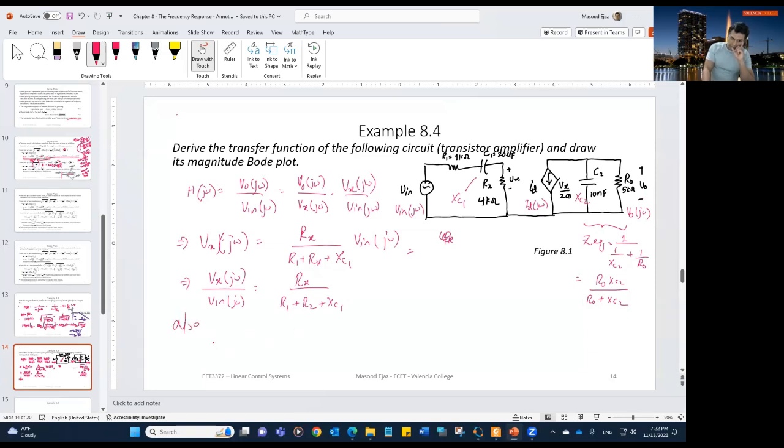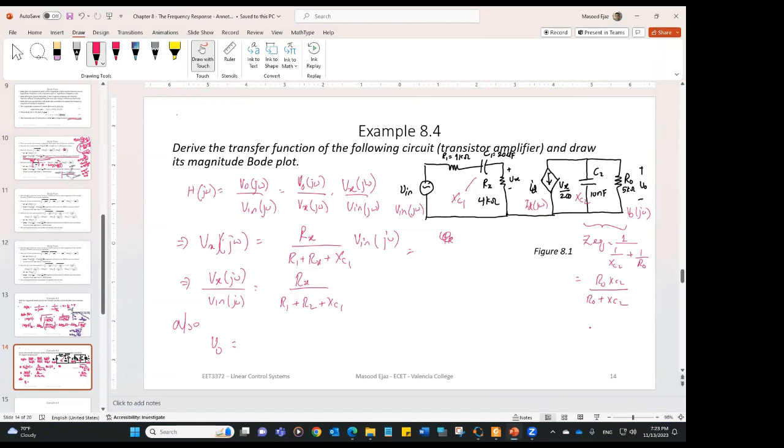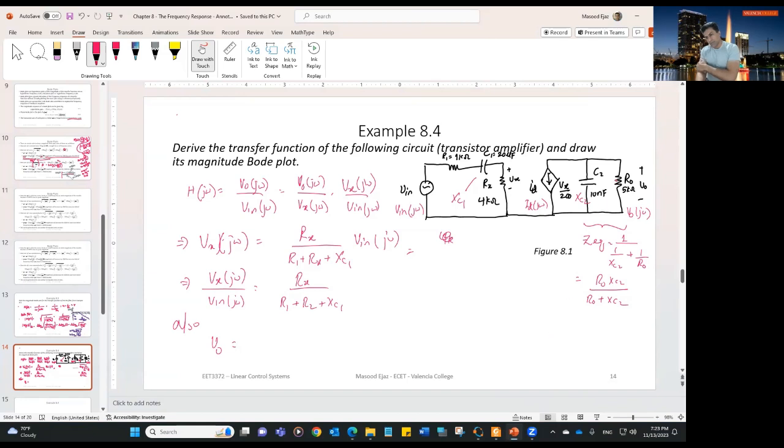Now, who's going to tell me what will be the expression for V out in terms of Z equivalent? It's the current times Z equivalent. You're forgetting a sign. Remember, V out is positive on top and negative at the bottom. The current is flowing in this direction, so it's going to be negative current times Z equivalent.